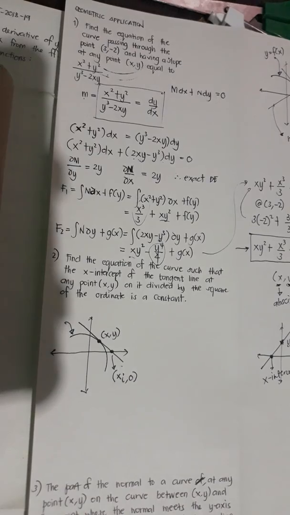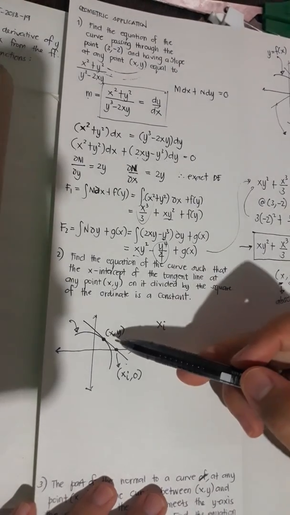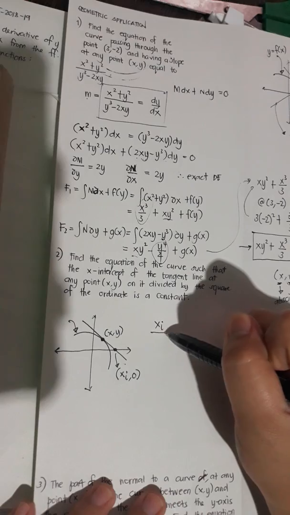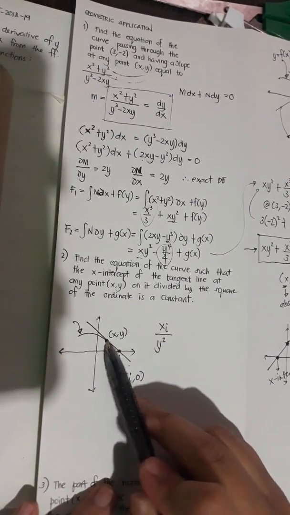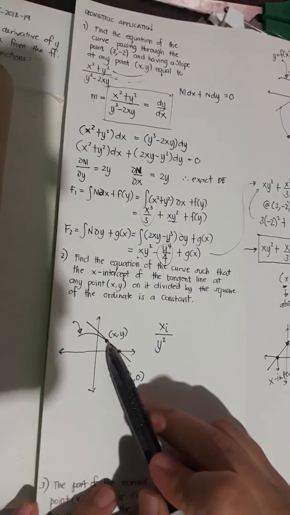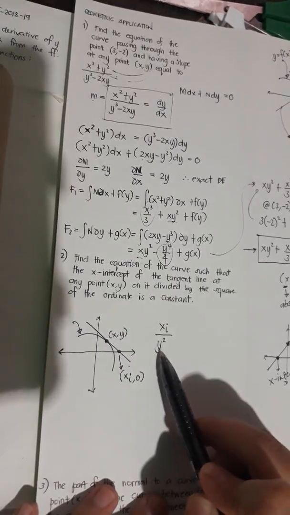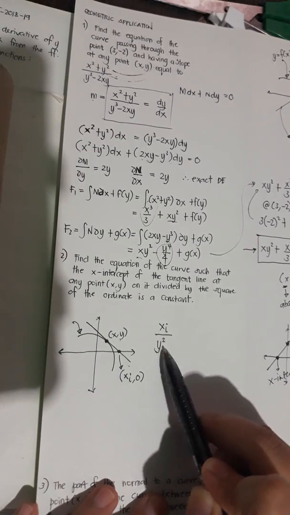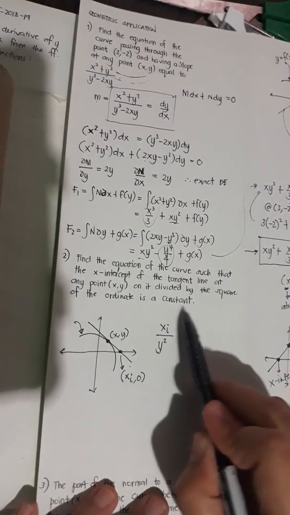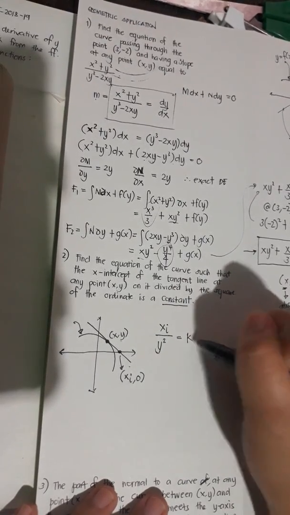It is said here that the x-intercept of the tangent line at any point xy divided by the square of the ordinate. Since the point where the tangent line exists has the ordinate y, the square of that is y squared. Then the x-intercept divided by the ordinate squared is said to be constant. So let's say that constant value is represented by k.